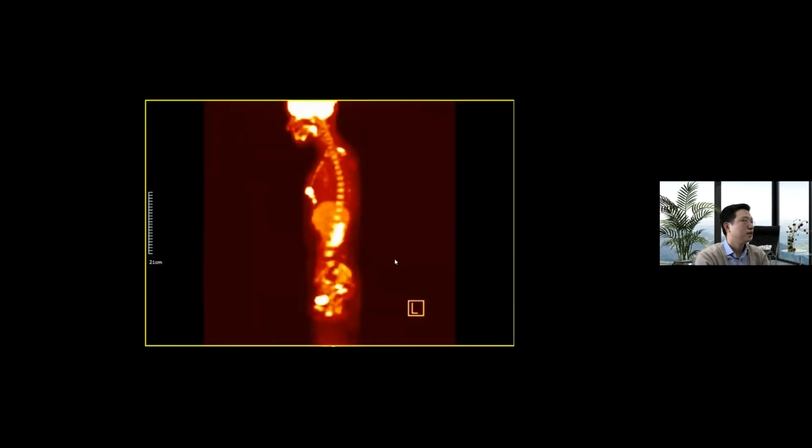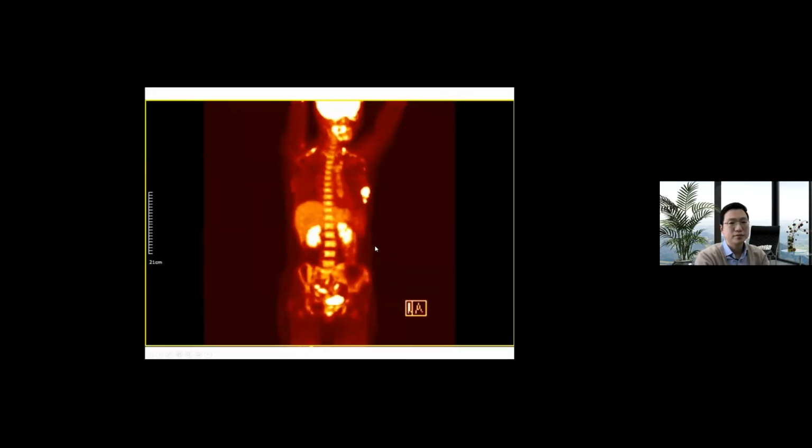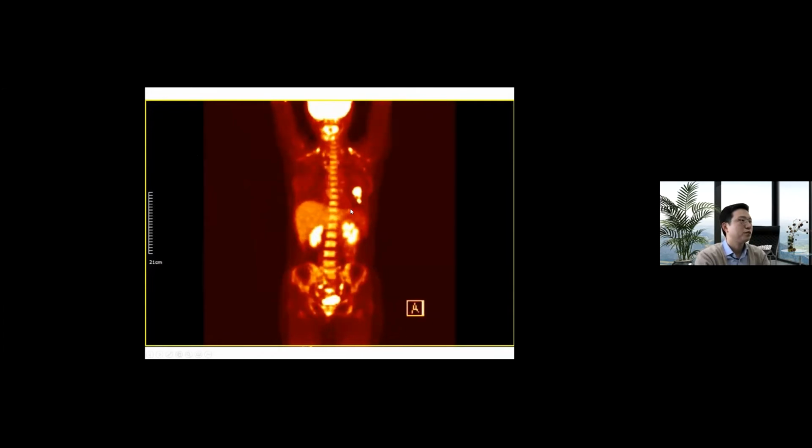And this case shows a similar finding. You can see multiple lesions in the left breast, suspicious uptake in the left axillary area, and some symmetric uptake in the supraclavicular area.